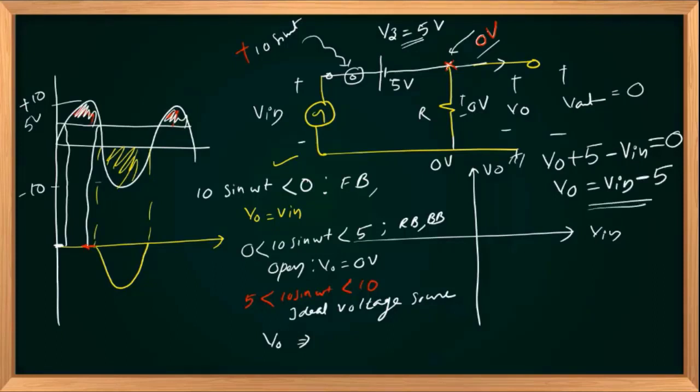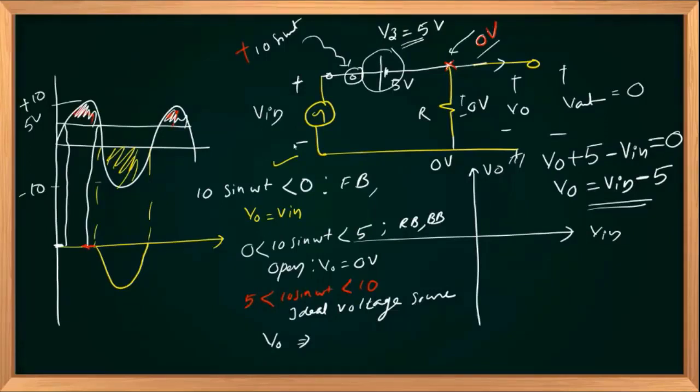It's obvious that the negative pole is connected to the output side, so you're actually subtracting 5 volts from the input. And this happens when V in is greater than 5, or V in is positive in this polarity.